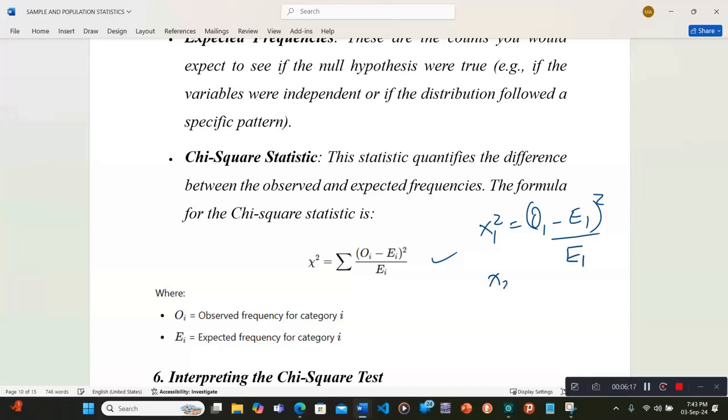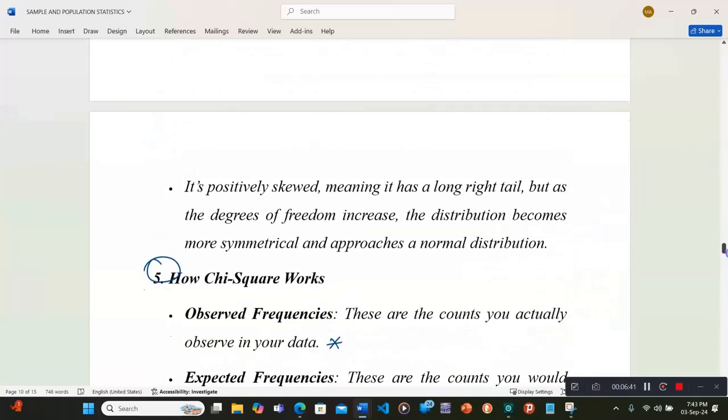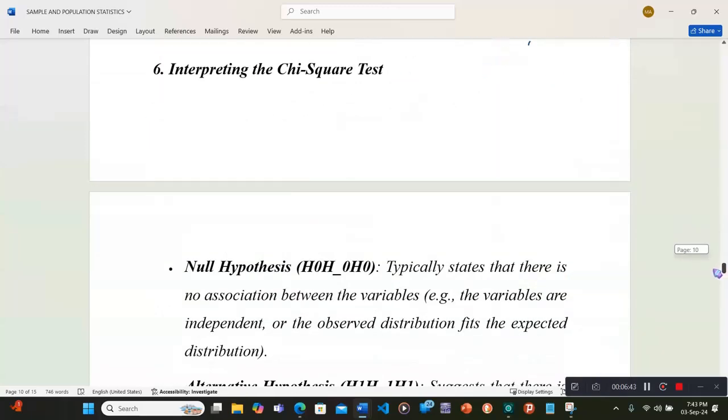Then x2 squared is equal to O2 minus E2, squared, divided by E2, until I finish all of them. Later on, I get the chi-square value from x1 squared plus x2 squared up to xn squared. So that's very important to know.